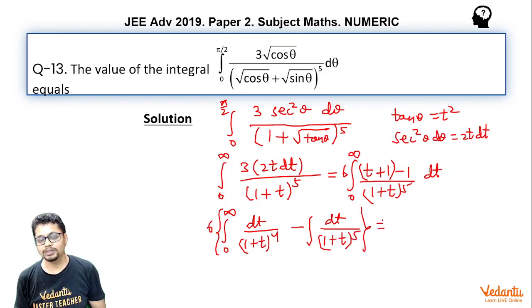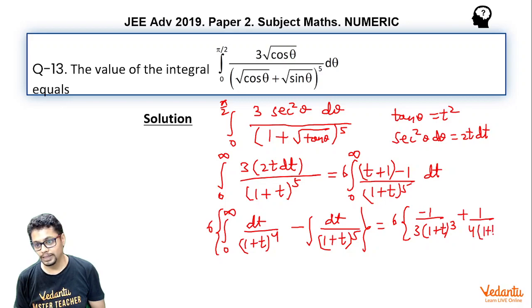So essentially this becomes 6 times, you may say, minus 1 by 3 (1 plus t) to the power 3 minus 1 by 4 (1 plus t) to the power 4 with the limits 0, infinity. Now as you put the limits, when you put infinity, anyway these expressions will become 0.